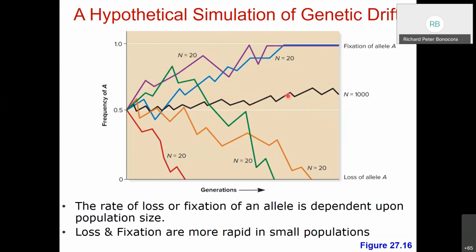Now, it looks like it's heading towards fixation, but this would be over a long period of time, and the changes are less dramatic. And as we've seen with the green example, where it goes up and comes down, this could happen for this one too. Maybe when we get further out to the right, this will come back down and get more stabilized around 0.5. But the changes in each generation are very small.